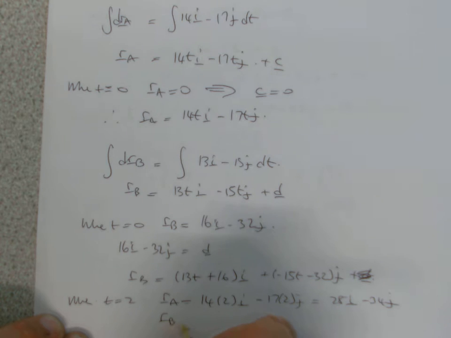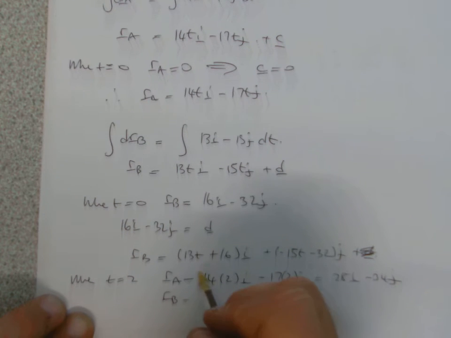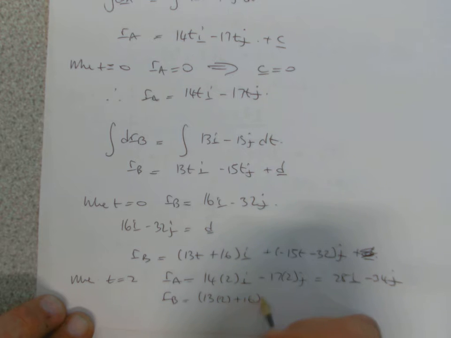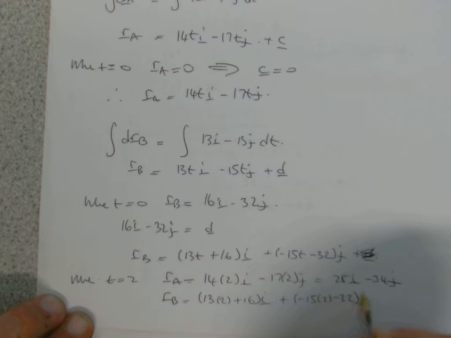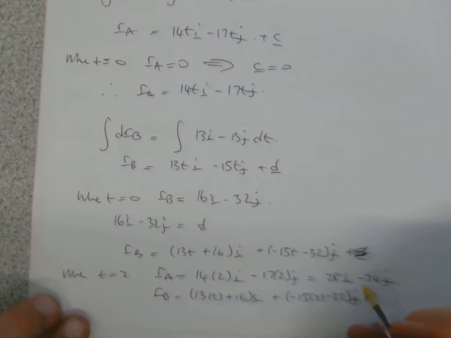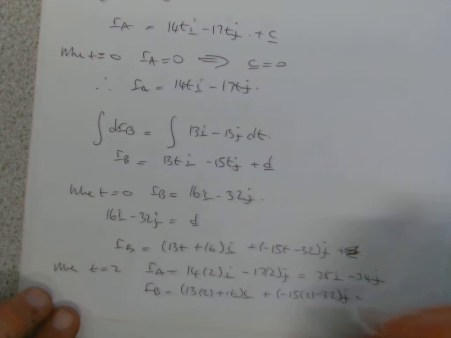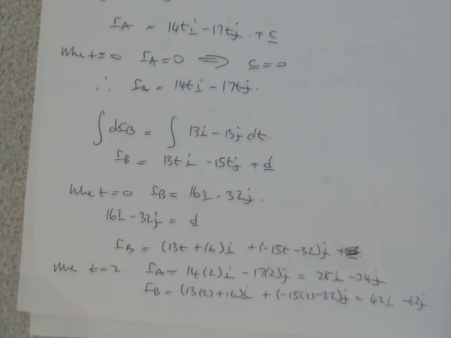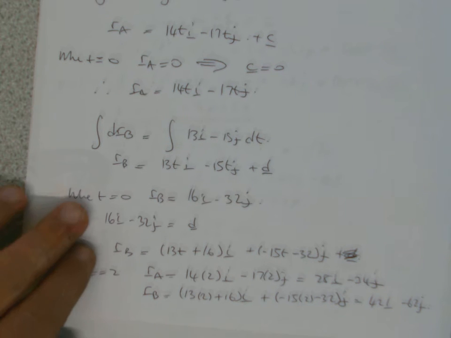And RB would equal, if I put it in there, (13 times 2 plus 16)i plus (minus 15 times 2 minus 32)j. Working that out, 42i minus 62j.